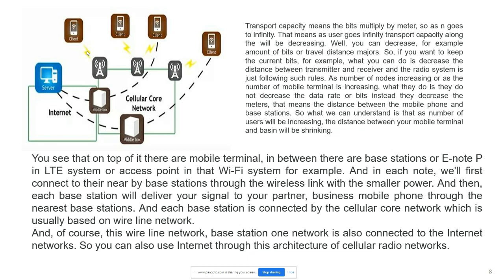So you can also use the internet through this architecture of cellular radio networks. Well, in cellular radio systems, the number of cells or number of base stations is quite important to the capacity of the system or network. So our next question will be, does increasing the cells increase the capacity?